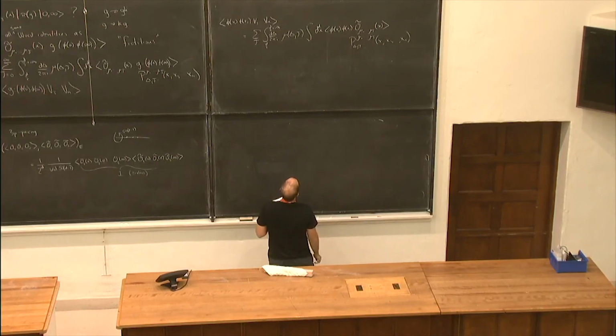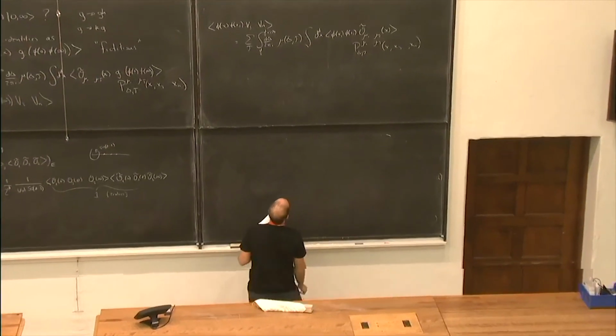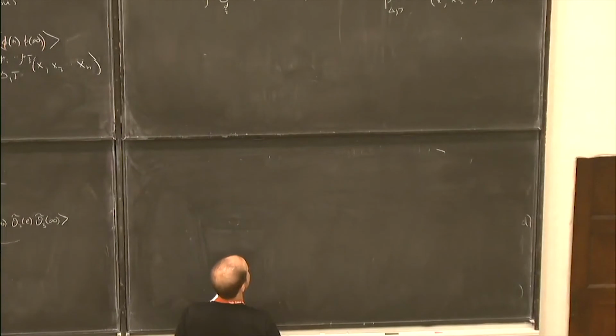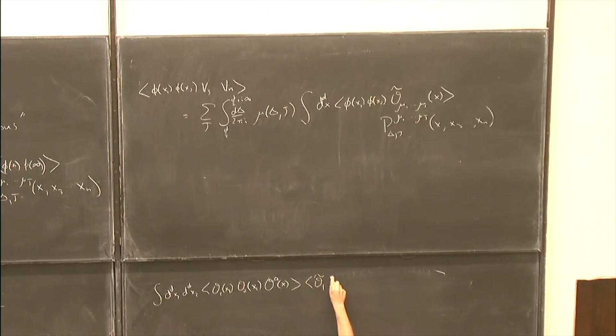And so we'd like to write down a formula for these coefficient functions, p delta j. And to do that, we can use this bubble integral. And I'll explain why I'm calling it a bubble integral in a second.